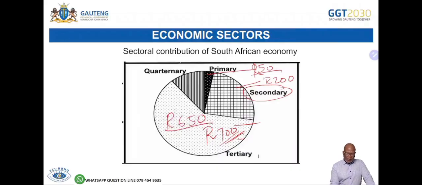So when we're looking at now the sectoral contribution of these different sectors, you can see it is now advisable for countries to be involved in manufacturing, because if the country is involved in manufacturing, we are going to say those countries are industrialized. The countries that are involved mainly in secondary sector are the countries that we call industrialized.